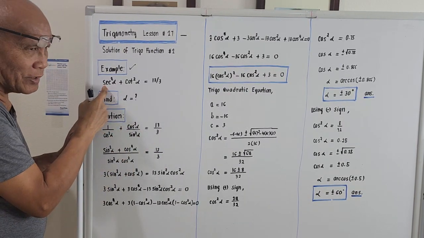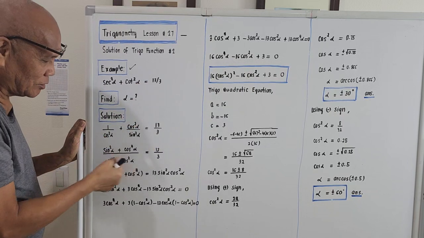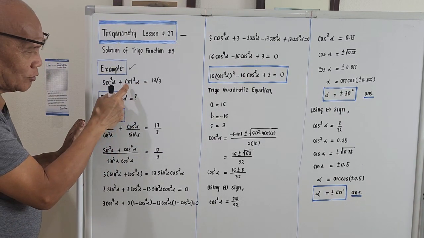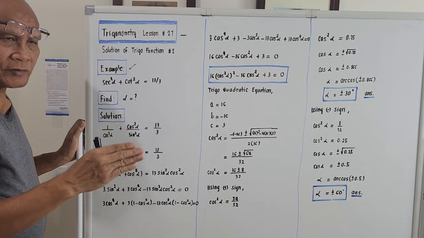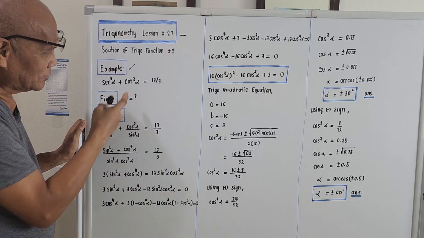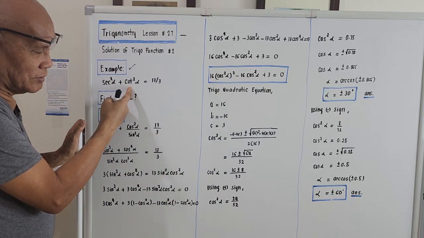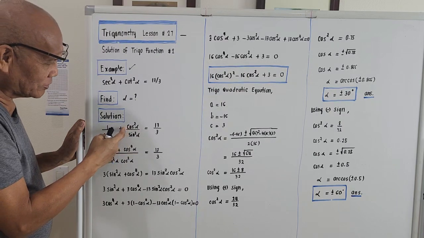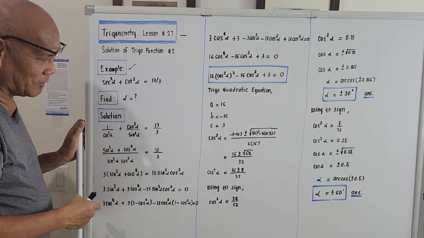So if this is a square, instead of just simply cosine, it will be 1 over cosine square of alpha. Cotangent is actually the ratio of a cosine over sine, right? But this is a square. So cotangent square will be a cosine square of alpha over sine square of alpha.